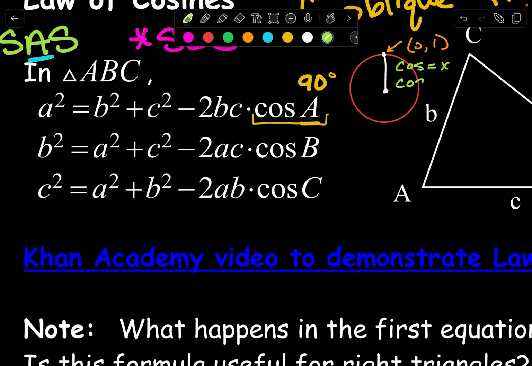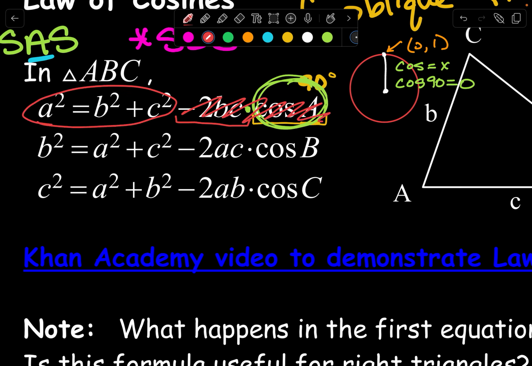So the cosine of 90 equals 0. This whole thing is being multiplied by 0, so pretty much all of this stuff would be canceled out, and you would just be left with a version of the Pythagorean theorem.